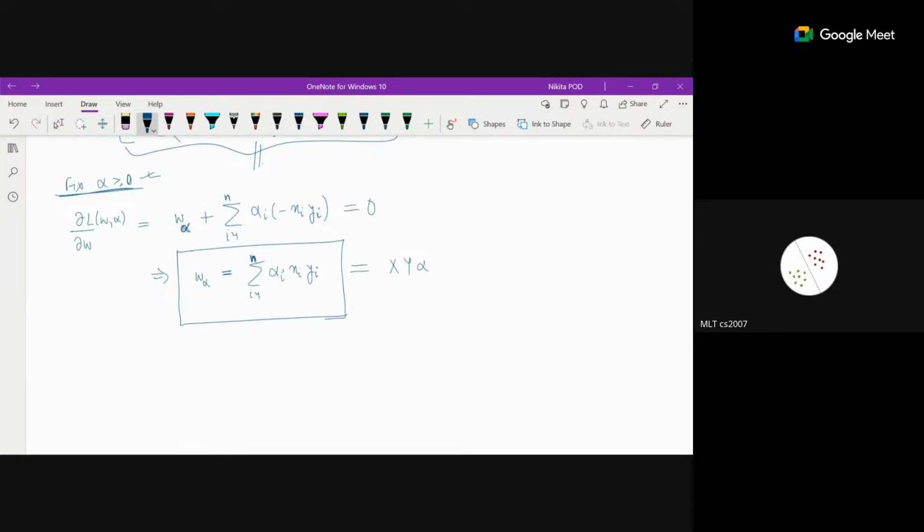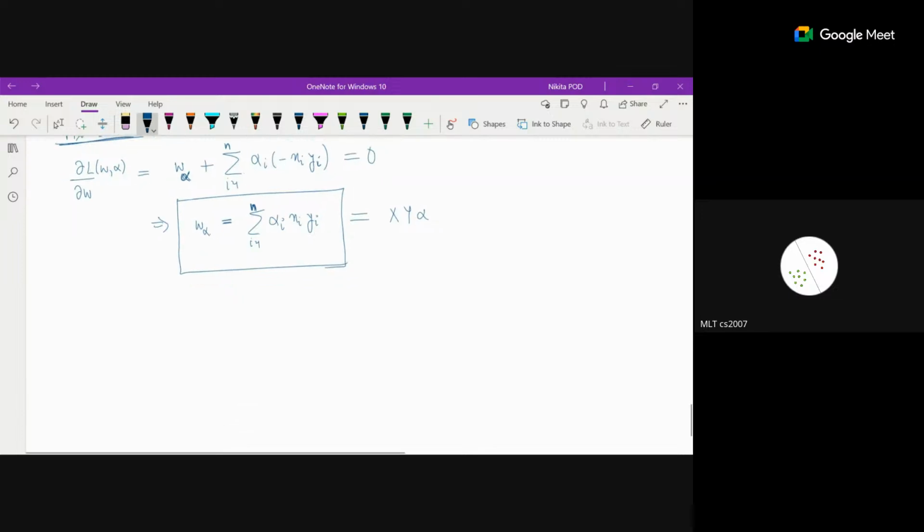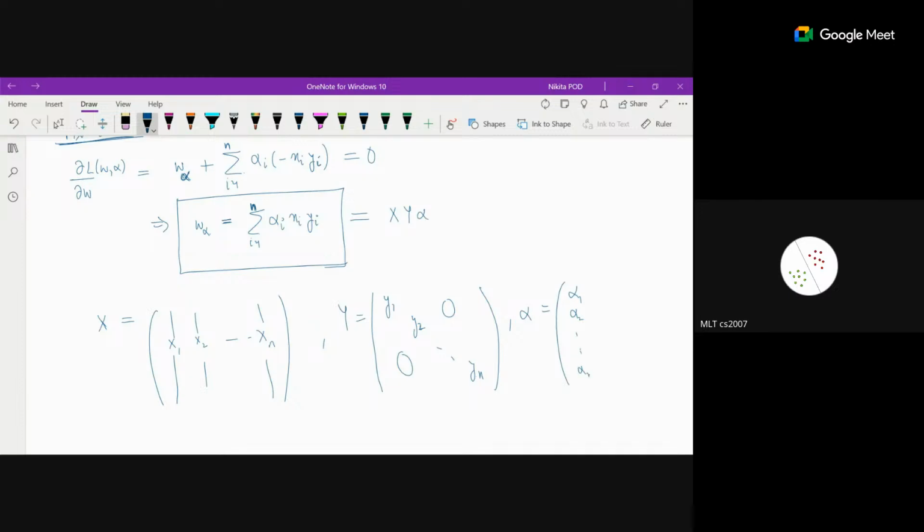Matrix X has x1 so on till xn. Matrix Y is y1, y2, so on till yn, with zeros off the diagonal. And your alpha is alpha 1, alpha 2, to alpha n.